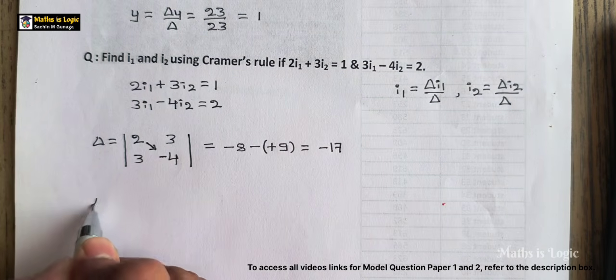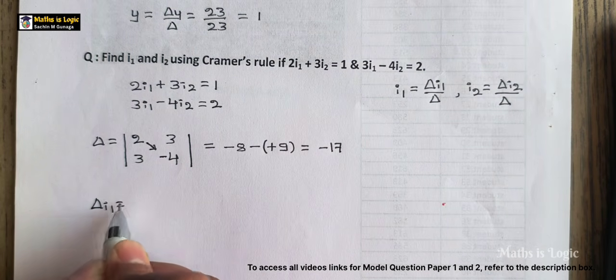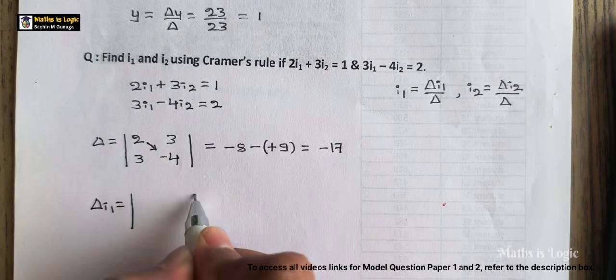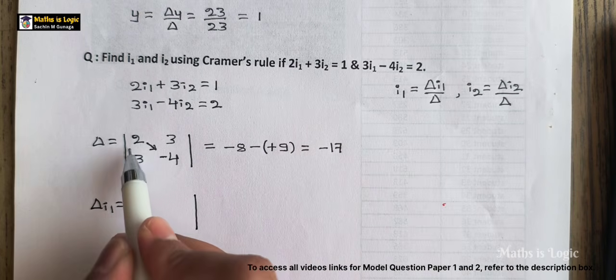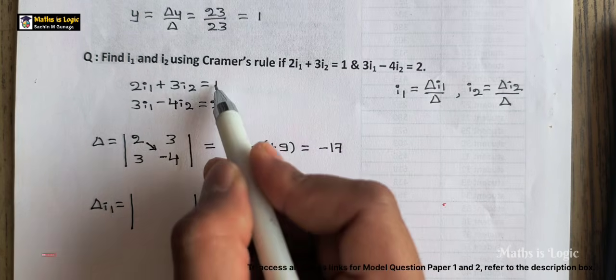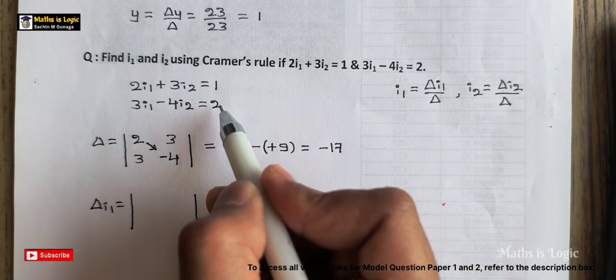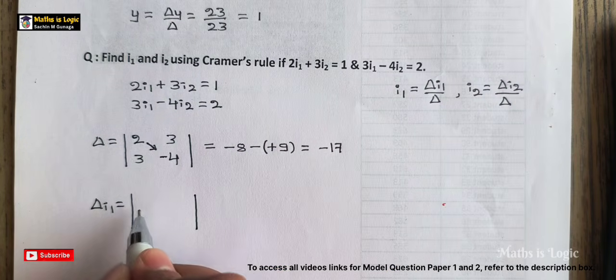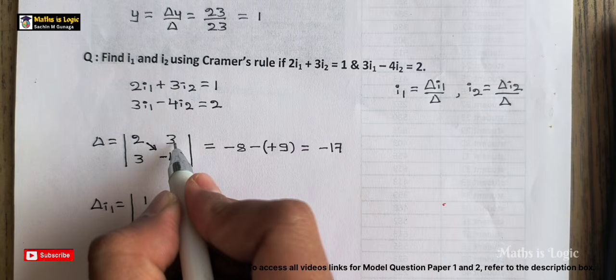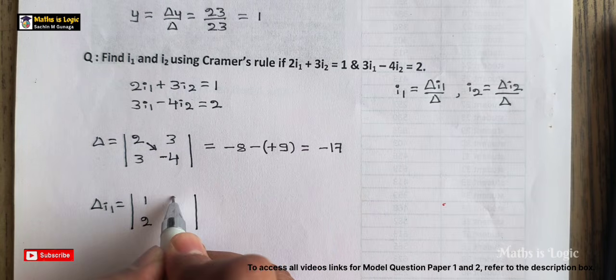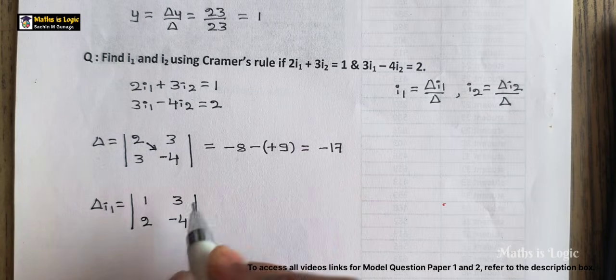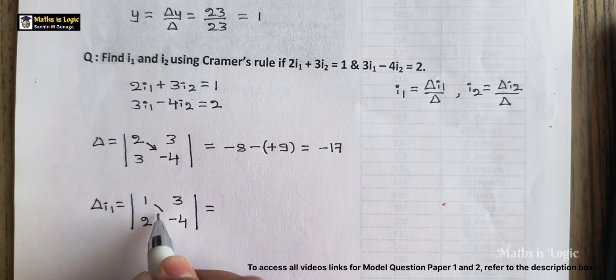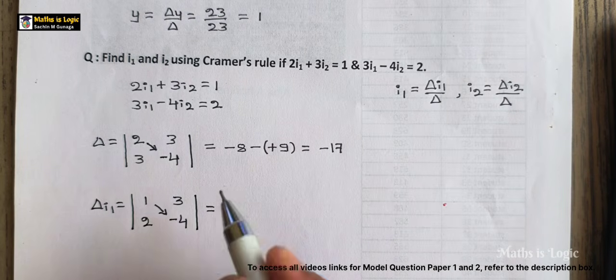Next, delta I1. To get this delta I1, in delta the first column we should replace by these two constant terms. Instead of writing 2 and 3, write here 1 and 2, and keep the second column in delta as it is, 3 and minus 4. Again apply the second order determinant rule.